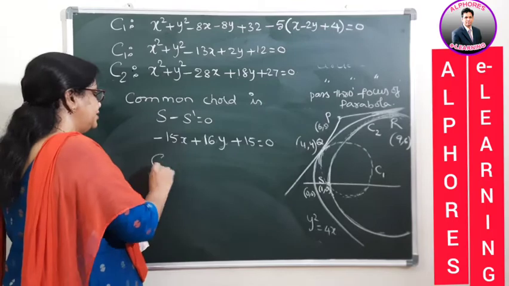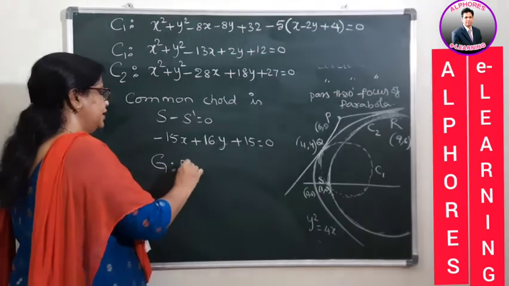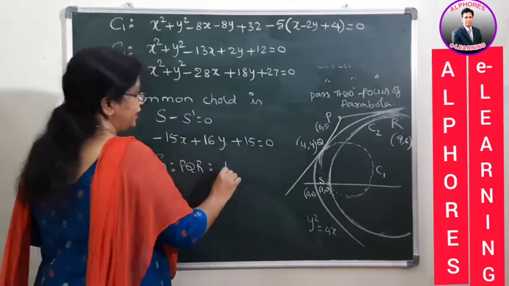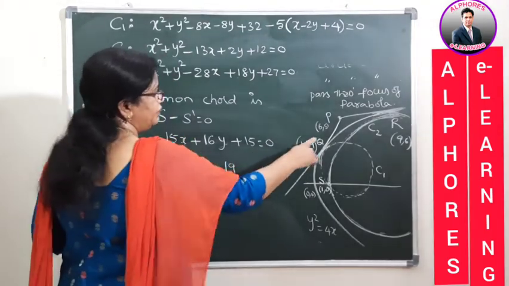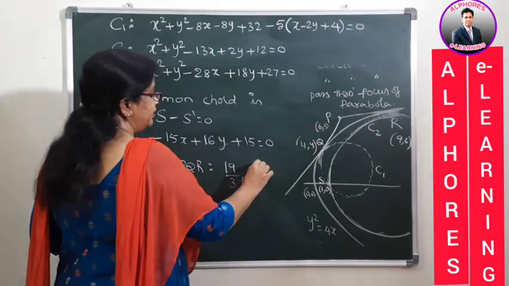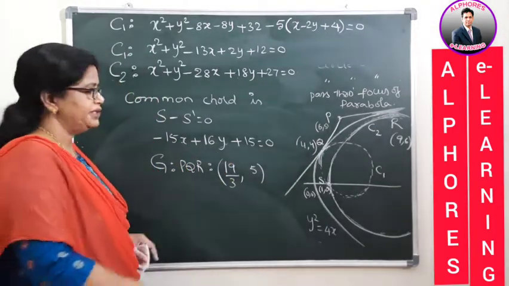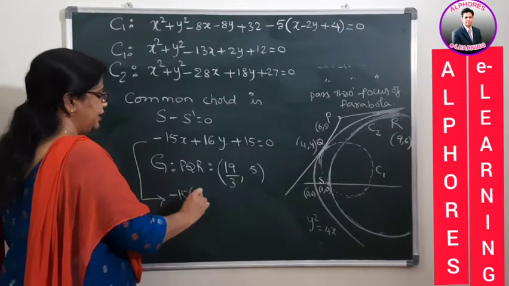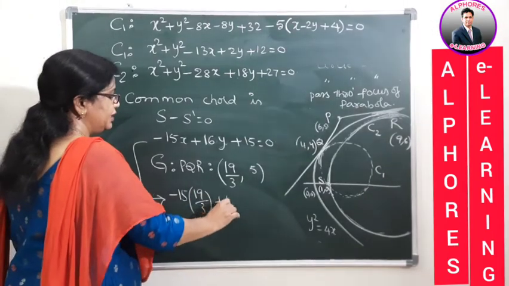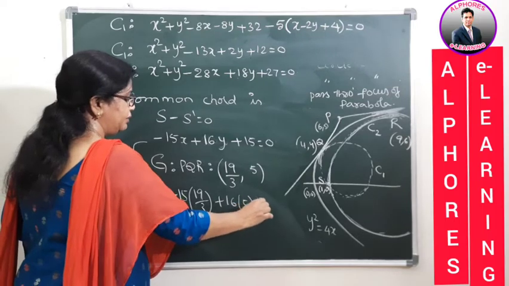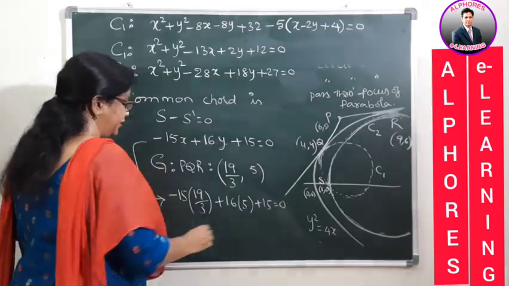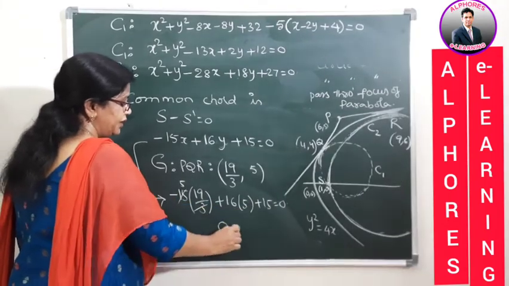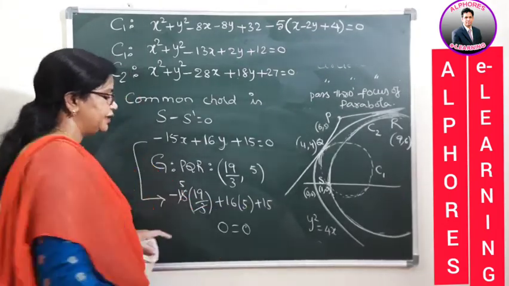This is nothing but here, 10 plus 9, so 19 divided by 3, and the other value is 9 plus 6, 15 by 3 means 5. Now if you substitute this point here, then it is minus 15 into 19 by 3 and plus 16 into 5, and after that plus 15 is equal to 0. So here 5 times you got minus 95 plus 95, hence 0 equal to 0 we have observed, right.